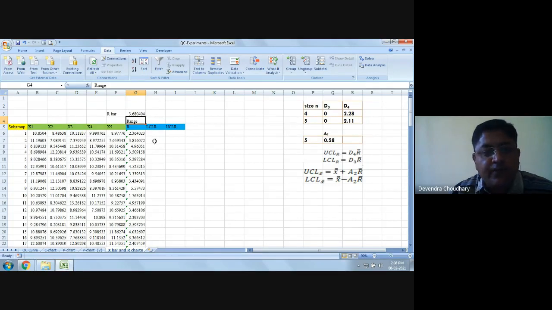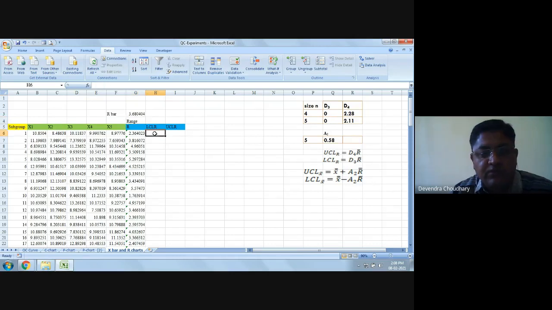Now the lower control limit of R chart is given by this relationship D3 R bar, and the D3 value will depend upon the sample size. Here for each subgroup the sample size is 5. So corresponding to sample size 5, the D3 value is 0.